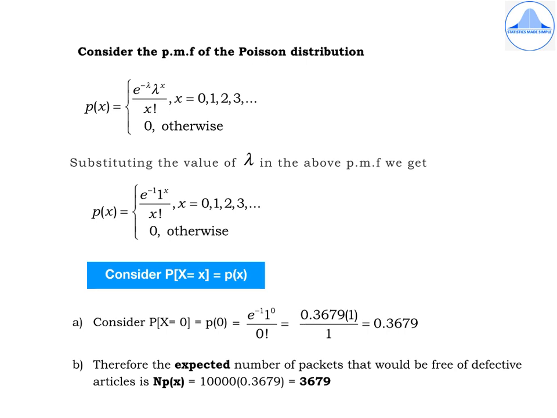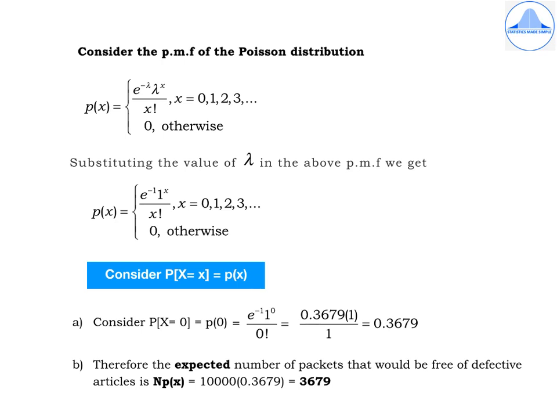The packet is free of defective articles, which will be equal to small p of 0. What is the next step now? In the p.m.f., wherever you have x, replace it by 0. So you'll get e to the power minus 1, 1 to the power 0 divided by 0 factorial. Then calculate e to the power minus 1 from the scientific calculator. You'll get 0.3679. And you know that any number to the power 0 is 1, and 0 factorial is also 1. So the first subdivision answer is 0.3679.